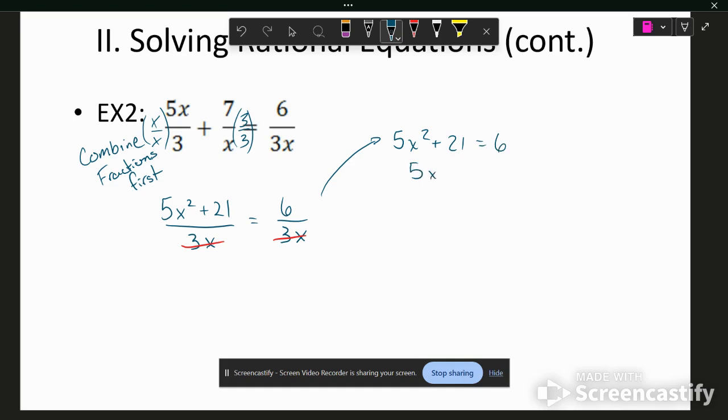So 5x squared equals negative 15. x squared is equal to negative 3. x is equal to plus or minus i root 3.